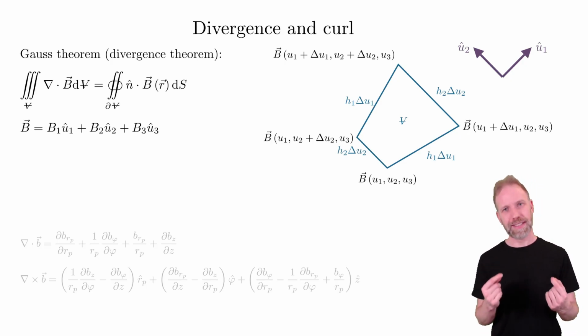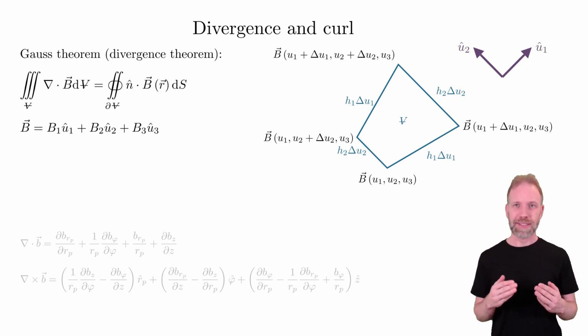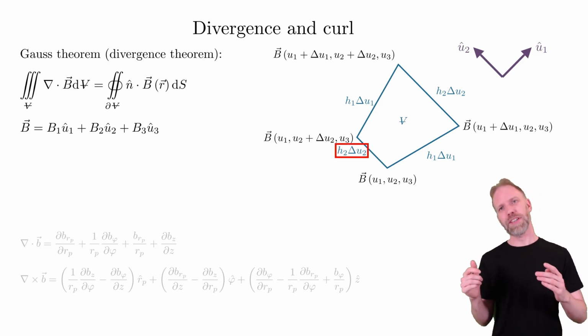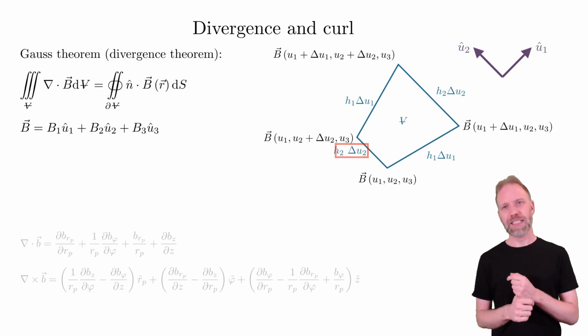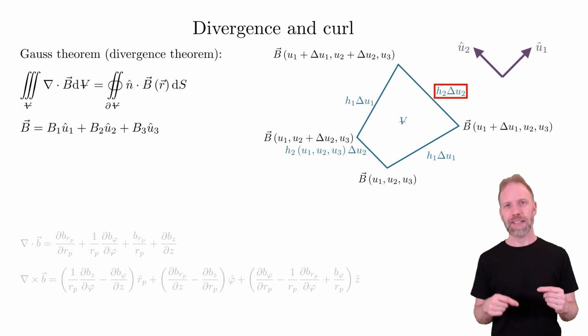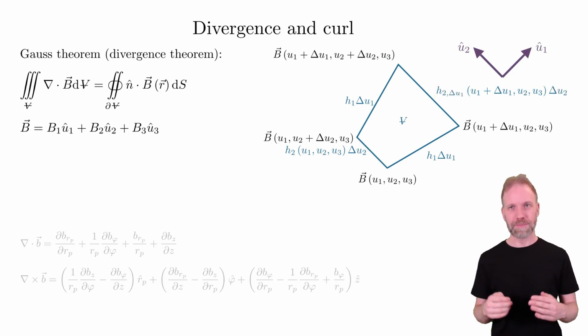As you can visually see, the length in the u2 direction varies across the size of the volume. Hence, for the first scaling factor, add that h2 is the value at the base position u1, u2, and u3. And in the second, h2 is the value when we're taking a small step delta u1.